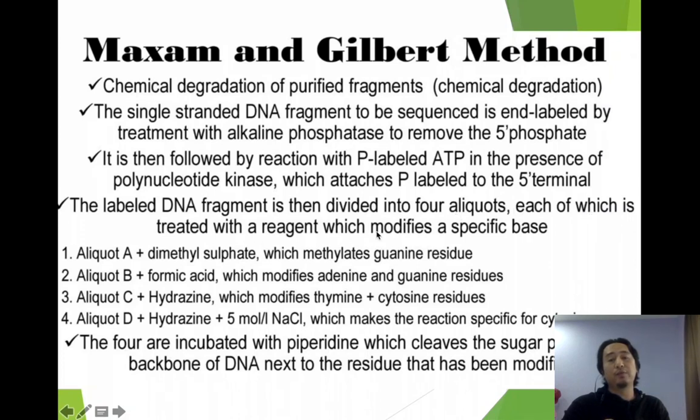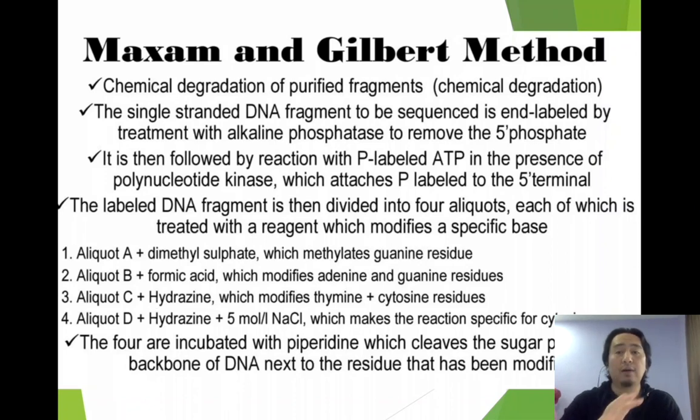So this is why, as I explained just now, you need 4 different tubes with the same sample. The first tube, aliquot A, will be treated with dimethyl sulfate, DMS, which methylates guanine residues.